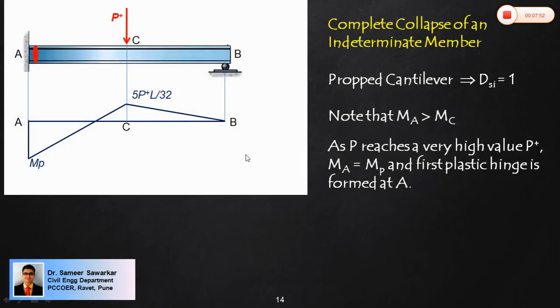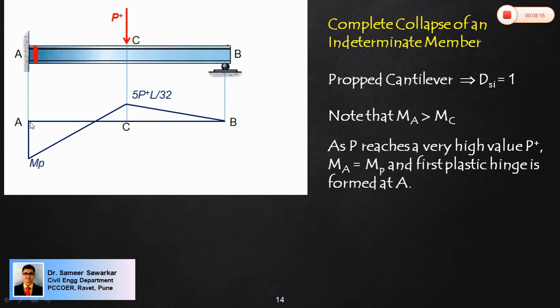We are increasing our P. As P reaches a very high value, P plus, I am not yet calling it P ultimate, but just P plus, more than the earlier P. Bending moment at A, which was greater than bending moment at C, has become equal to the plastic moment of resistance MP.